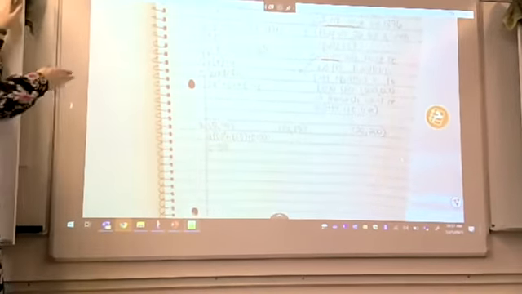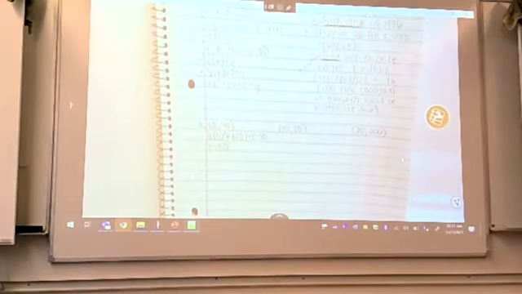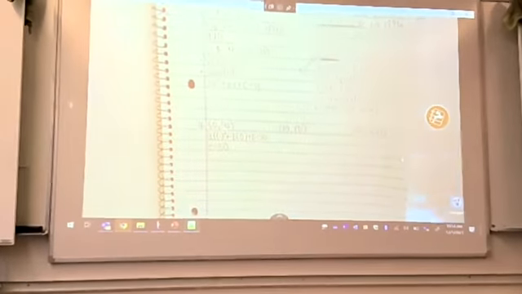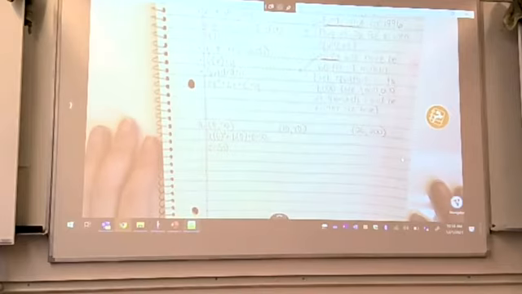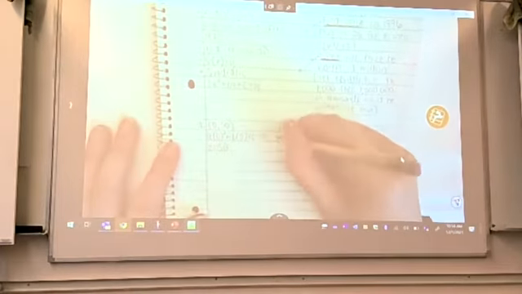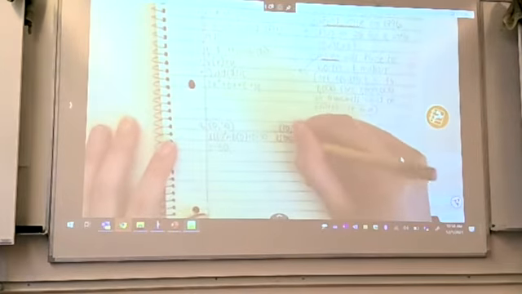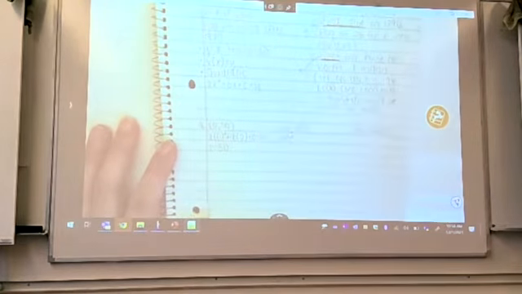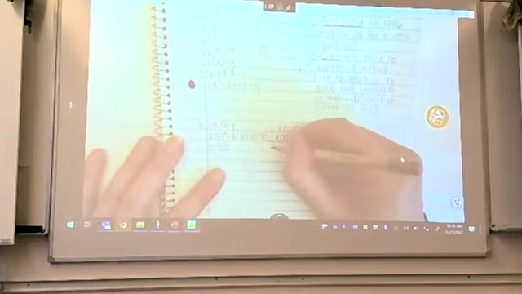Okay, so we know that C equals 50. I know, good pun, right? So what's my next equation then? A times 10 squared. Maybe I'll draw a little line here to kind of separate it.